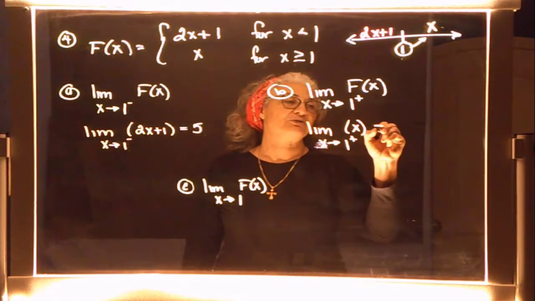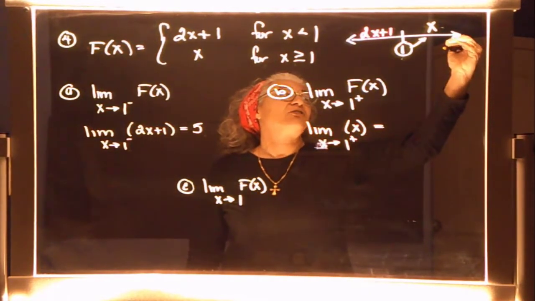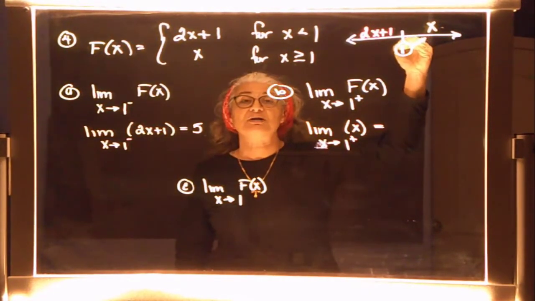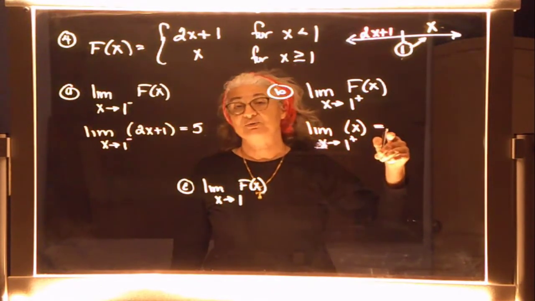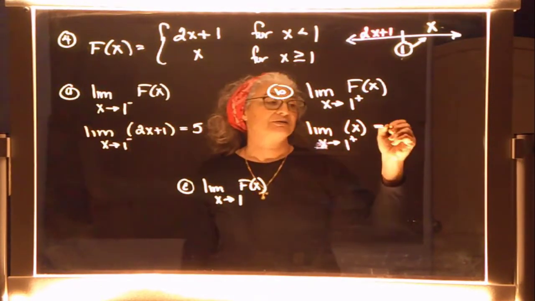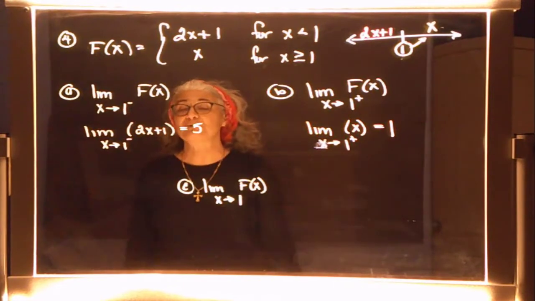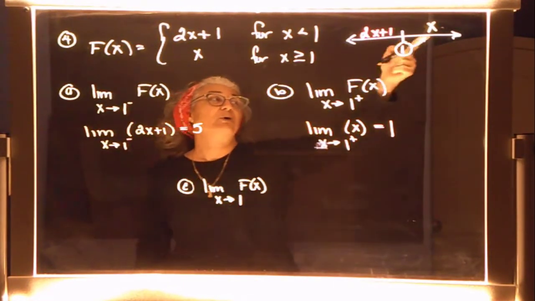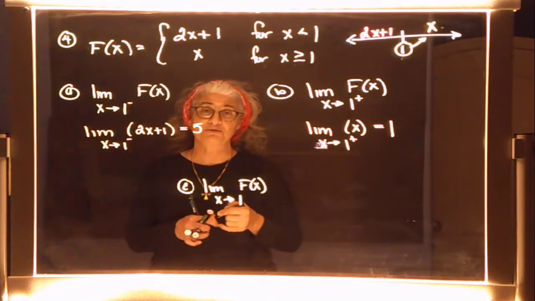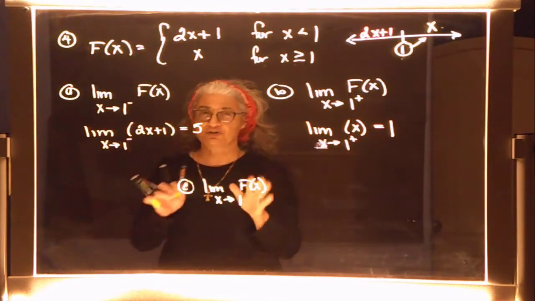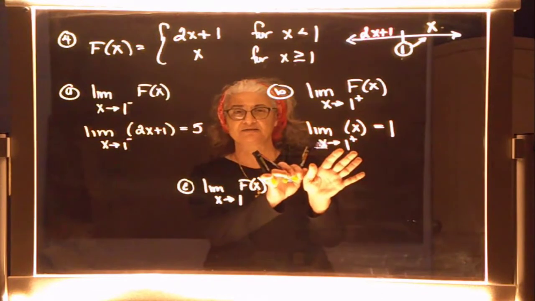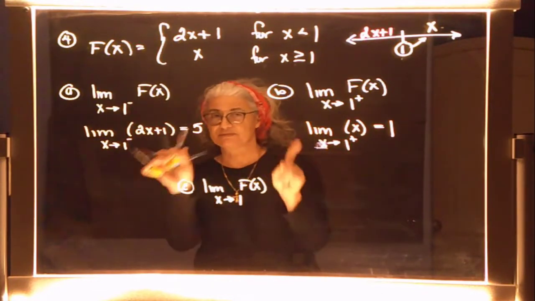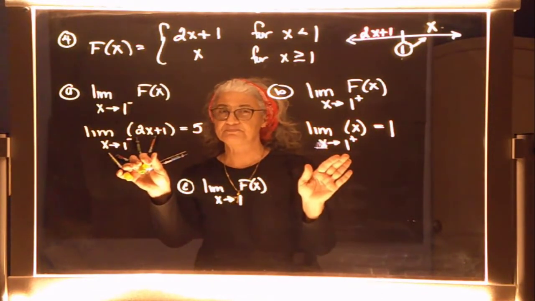So in this case, as all these x values approach 1, my y value is going to approach 1. And it'll actually be equal to 1, because I'm allowed to plug in the value of 1 for this part of the function. Cool? Okay, are we good with the left and the right? If not, back it up. Listen to it again. Cool?